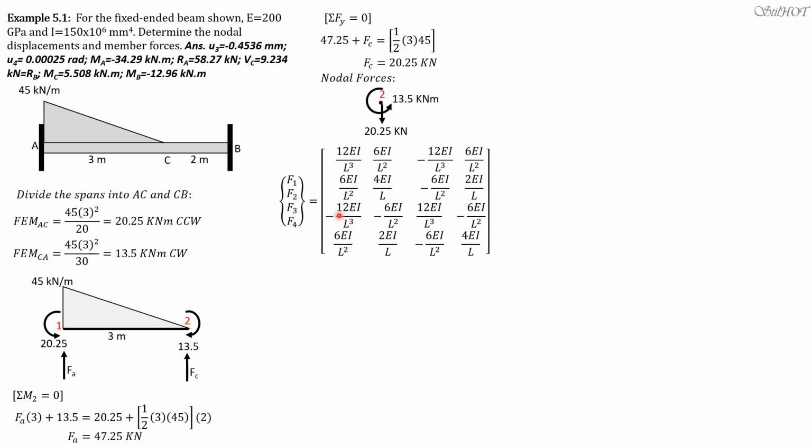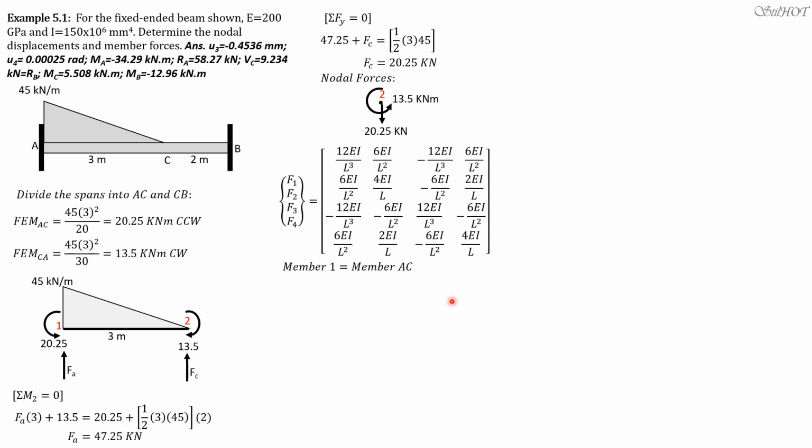So you look at row 3. Row 3 elements would be the negatives of row 1 elements. And row 4 elements, we just copy. Then don't forget to interchange 2 EI over L here, 4 EI over L here. So that's the technique in memorizing the global stiffness matrix for a beam, or member stiffness matrix.